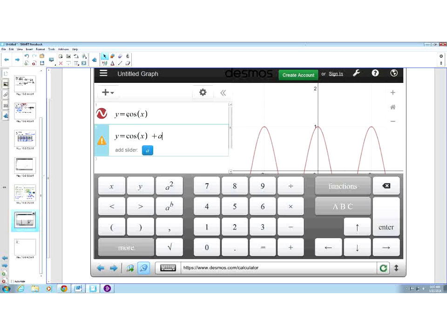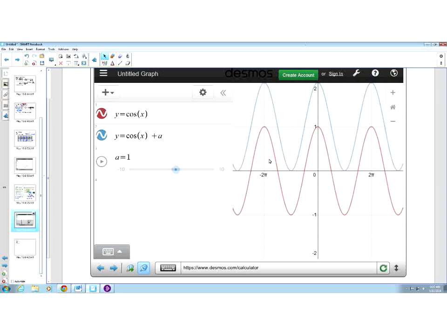So the output right now in the original curve is cosine x, but if we add a number to the output, this will result in a vertical shift. So for instance, if a equals 1, you see that the orange curve gets shifted up by 1.